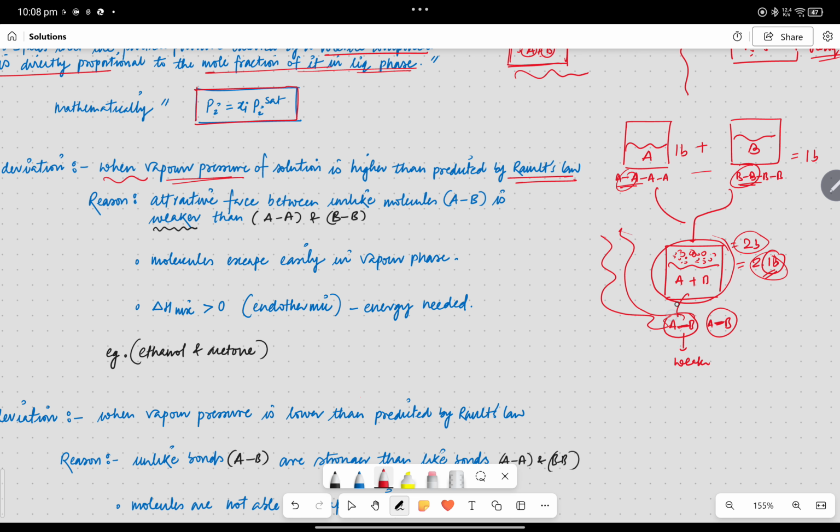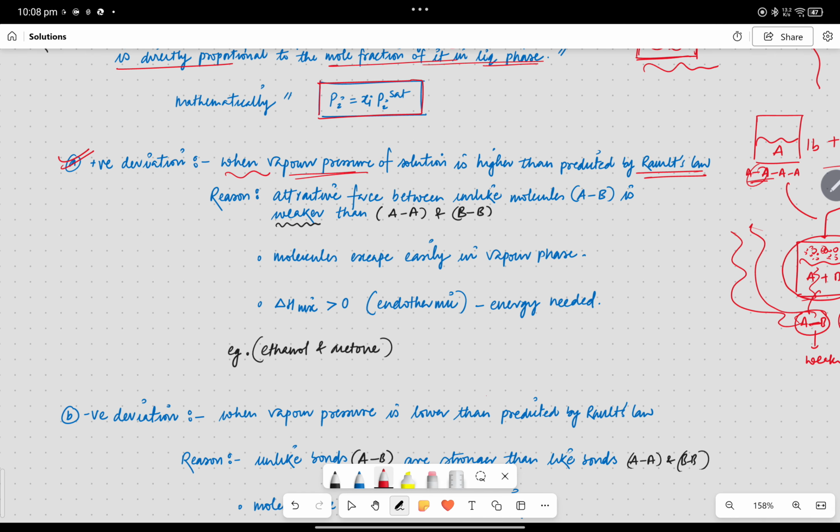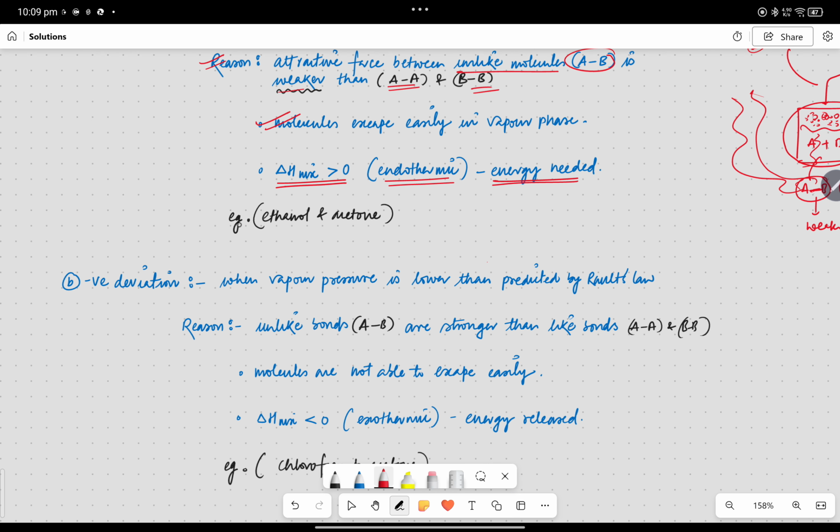That's why the molecules have more tendency to vaporize into the vapor phase than we predicted. The reason is that the attractive force between the unlike molecules AB is weaker than AA and BB, and molecules escape easily into the vapor phase, so the partial pressure increases. Delta H mix is greater than 0, endothermic, because the bond that is ultimately formed is weaker than the previous bond. That means energy is needed and it is not forming a more stable bond. Examples are ethanol and acetone.